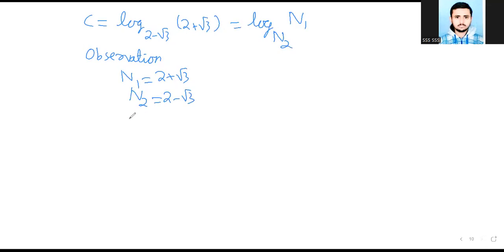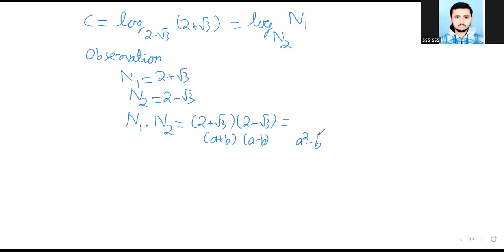But the observation is, if you multiply n1 into n2, then we get 2 plus root 3 into 2 minus root 3. So a plus b into a minus b would be equal to a square minus b square. So this becomes 2 square minus root 3 square. 2 square is 4, root 3 square is 3. So you get the result as 1. So ultimately n1 into n2 is 1.